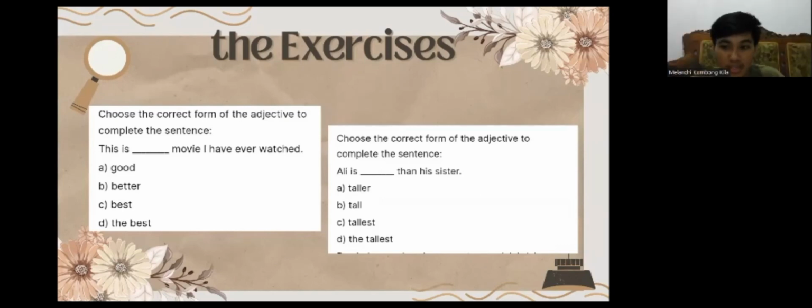For the last question, Ali is blank than his sister. A taller, B tall, C tallest, D the tallest. The question is a comparative degree because it compares two things. So the correct answer is A, taller.